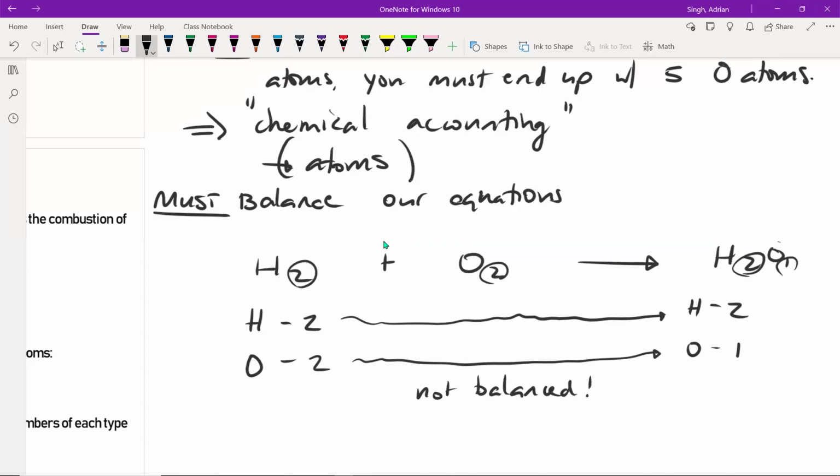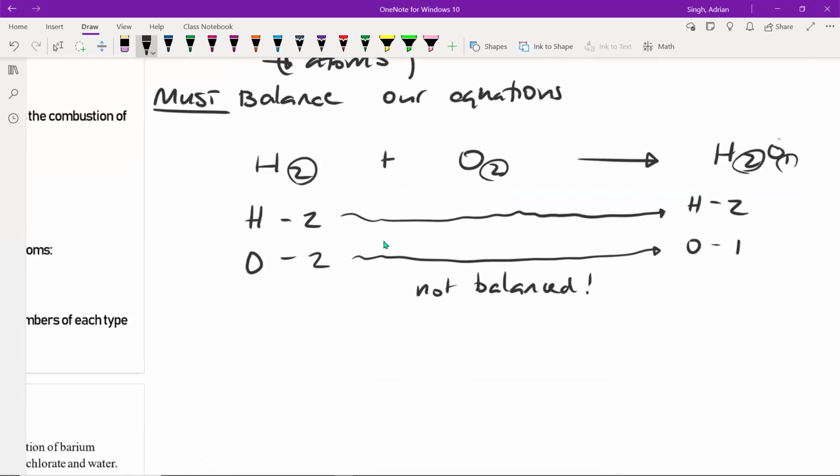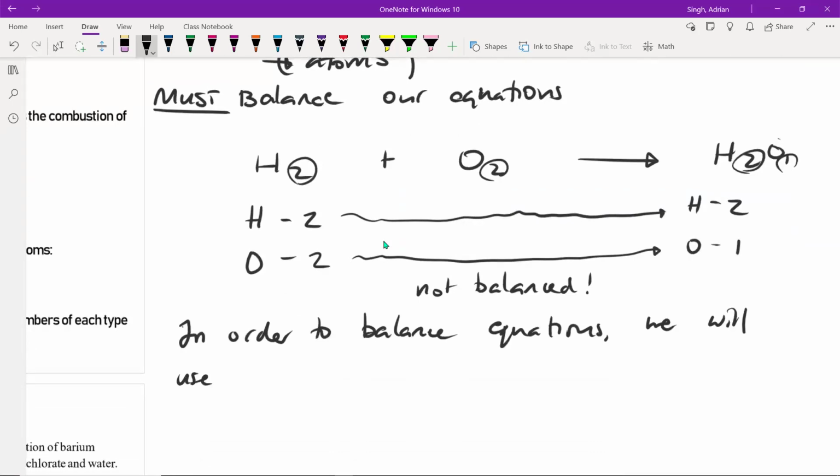Okay, because I don't have the same number and types of atoms on either side. So in order to balance equations, what we're going to use are things called coefficients.